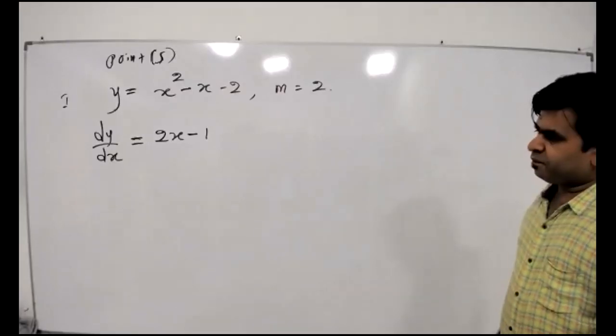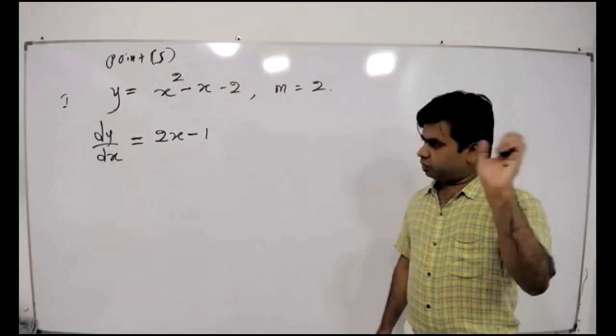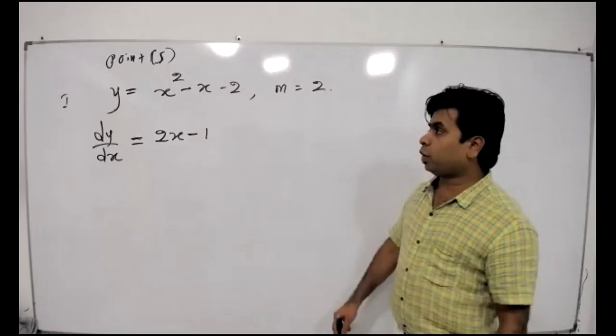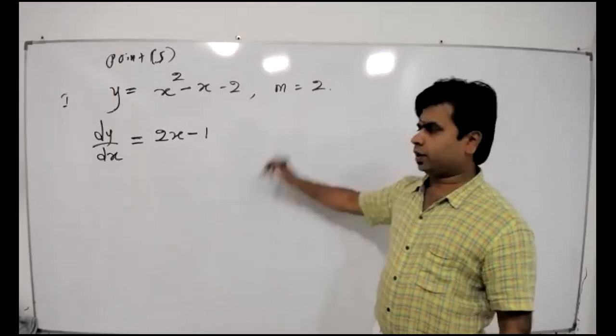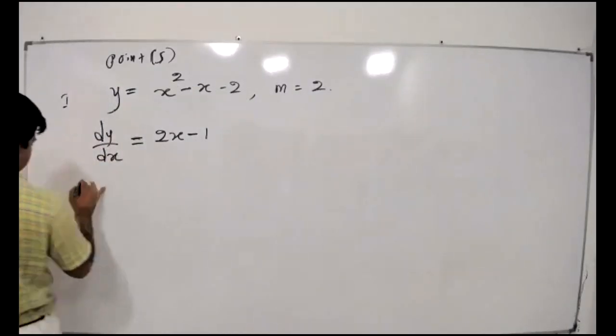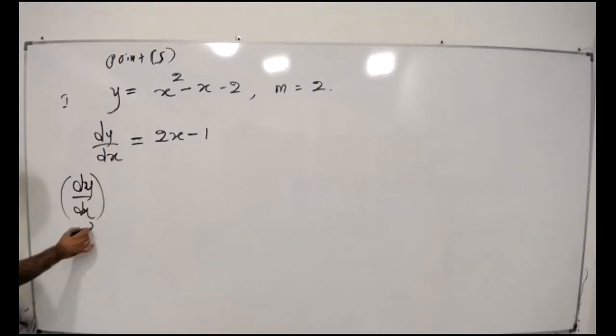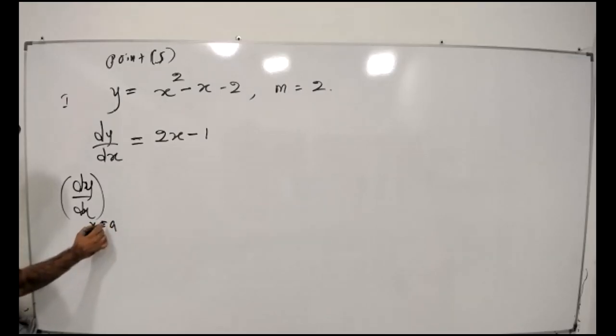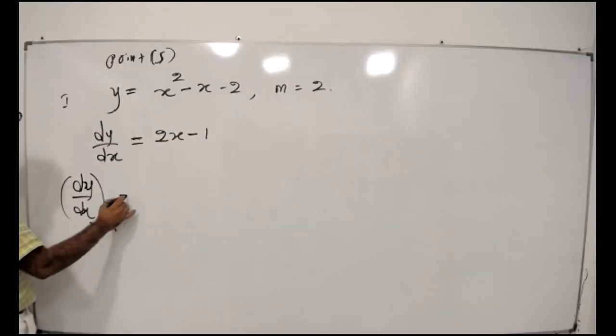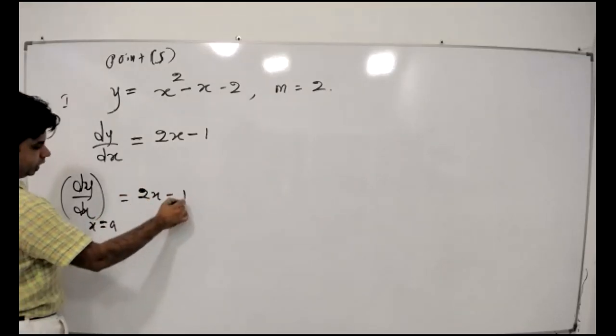Now, we want to find out the x value corresponding to this gradient 2. That means I write here dy by dx at x equals a particular value a is 2x minus 1.